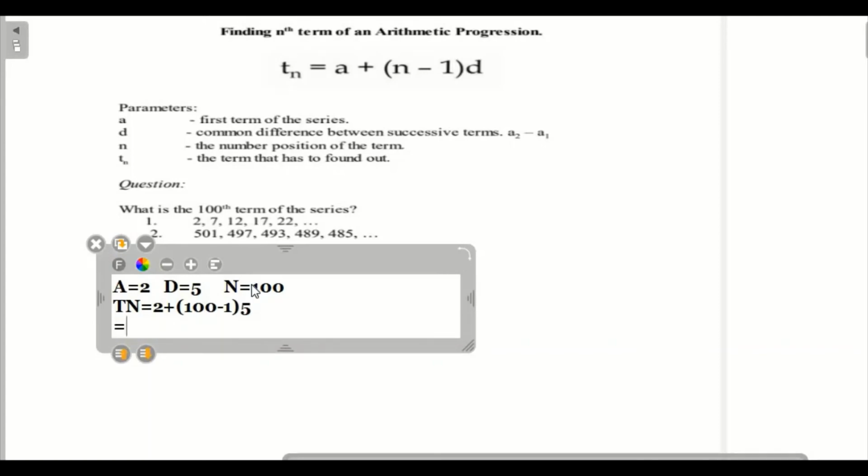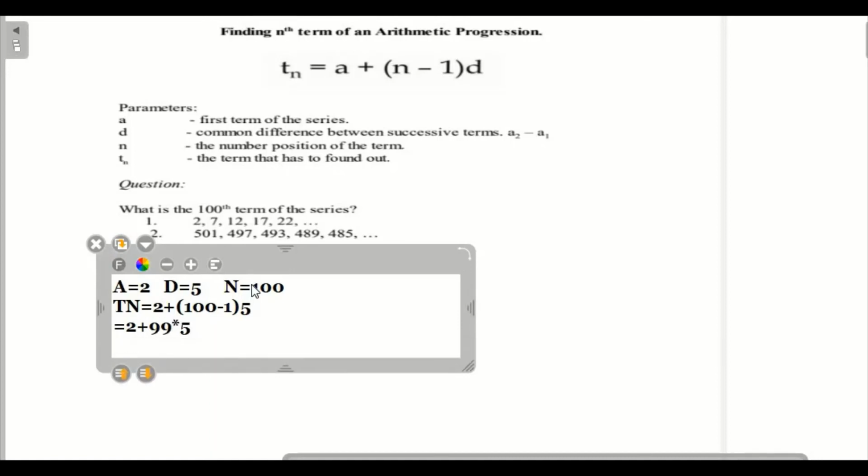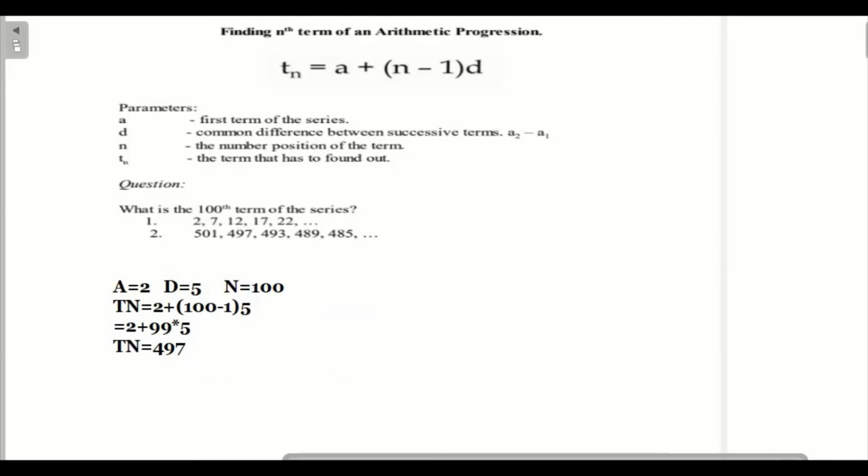So it is equal to 2 plus 99 into 5, that is 497. Okay, so here the 100th term will be 497. So we got the answer, that is Tn equal to 497. Shall we go for the next sum.